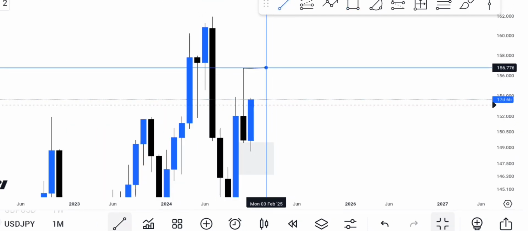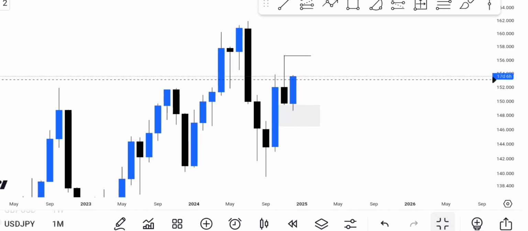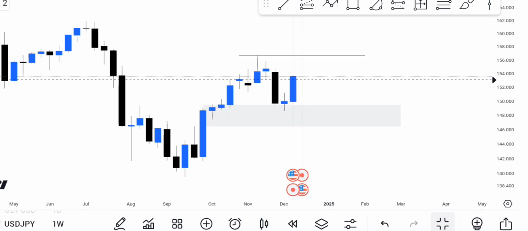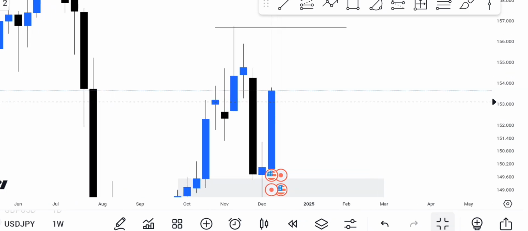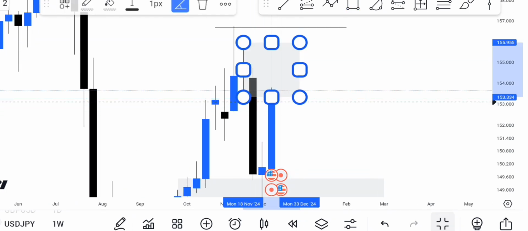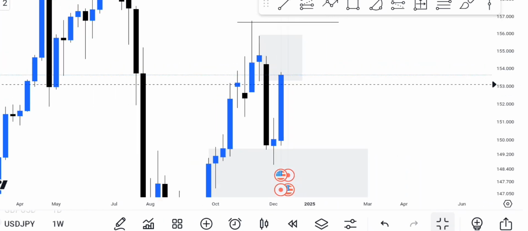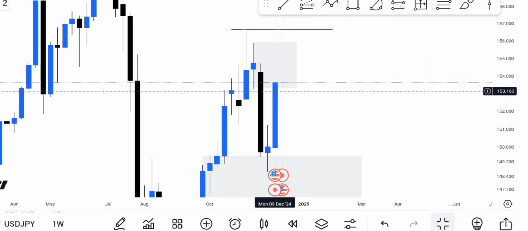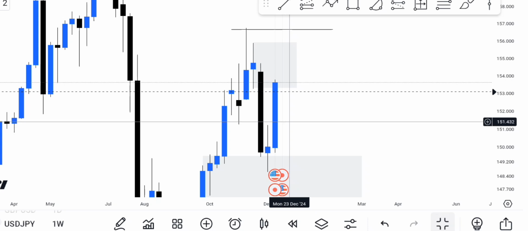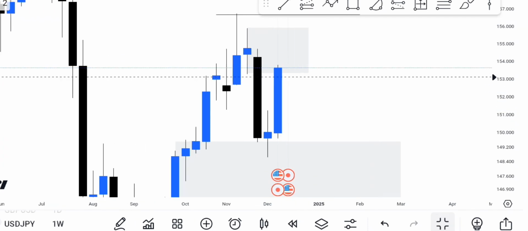So overall we are bullish, so we can only look for buying opportunities according to monthly. Let's check out weekly. On weekly, we can see there is a fair value gap and order block, so we can expect a minor pullback from this place. In case price slowly comes down, again we will look for buying toward this swing high point. Okay, understand?